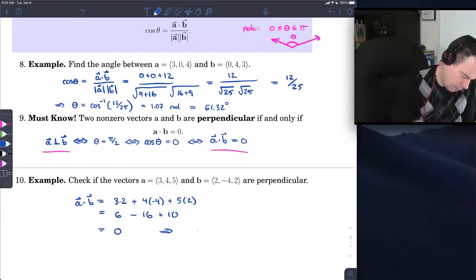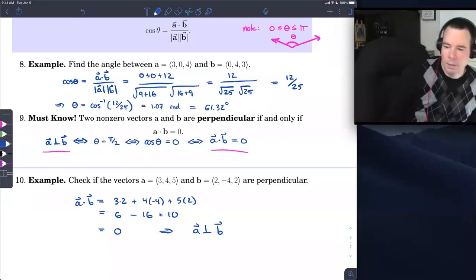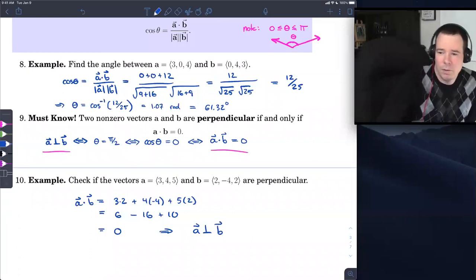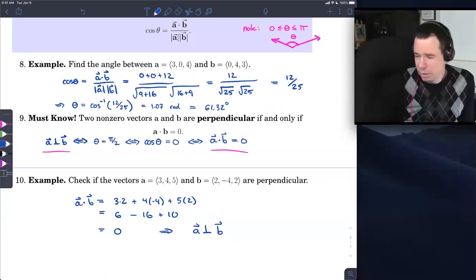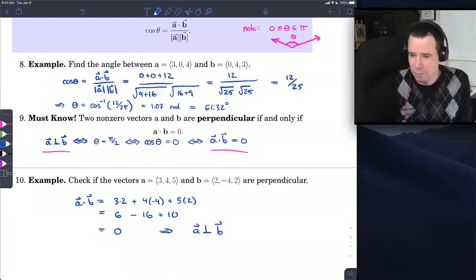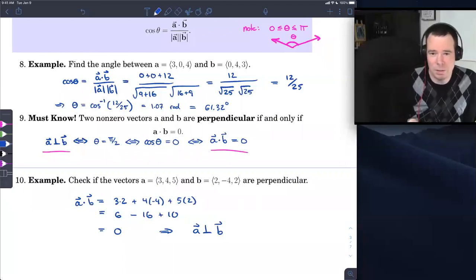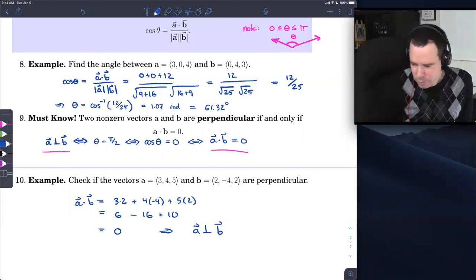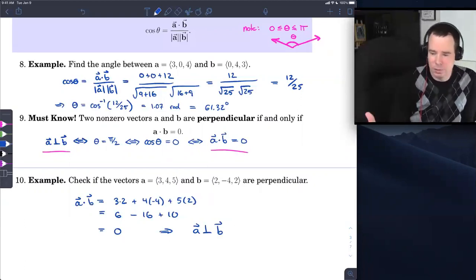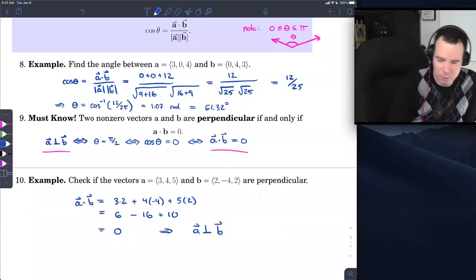So that means that A is perpendicular to B. It's a very nice result to have, in the sense that if I want to know whether two vectors are perpendicular or not, it's just a straightforward arithmetic calculation of some products and some sums. I don't actually have to work out any angles in this case. I just need to work out a dot product.